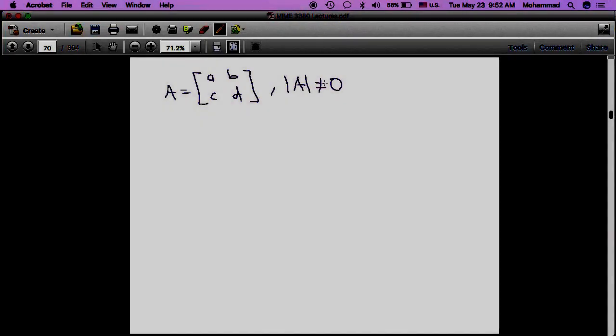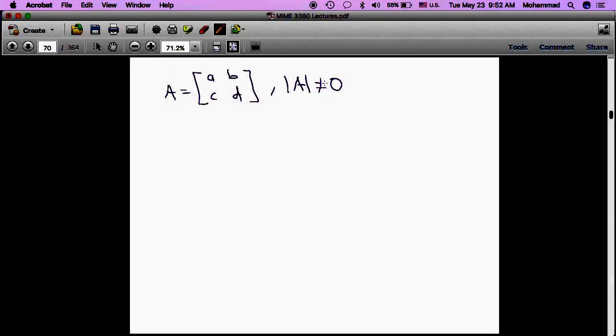So it has to be the case. The determinant has to be non-zero. We don't know what numbers A, B, C, and D are, but it has to be a combination of numbers such that A times D is not equal to C times B. If that is not the case, then the determinant would be 0.